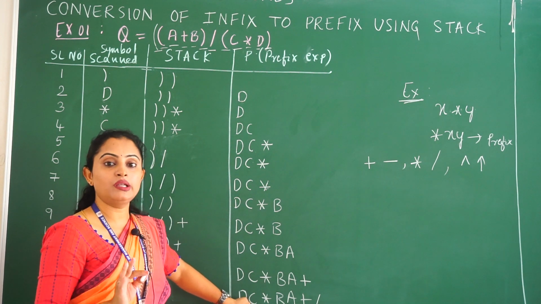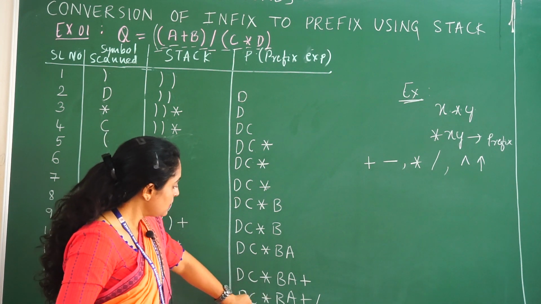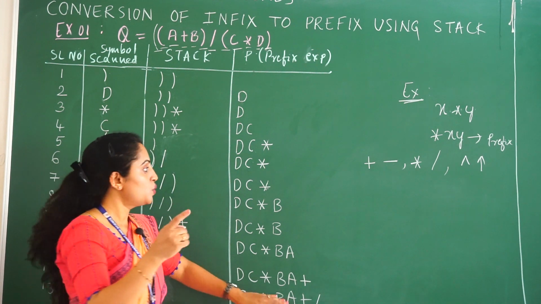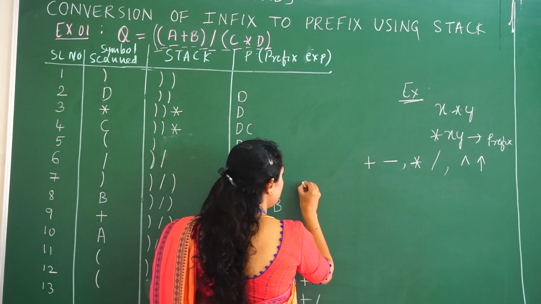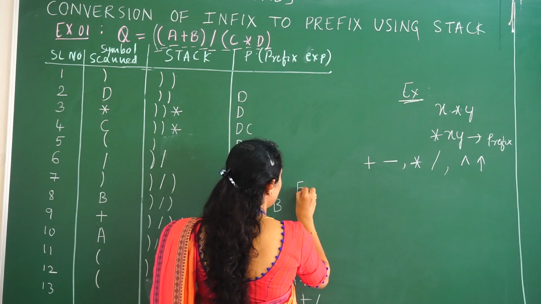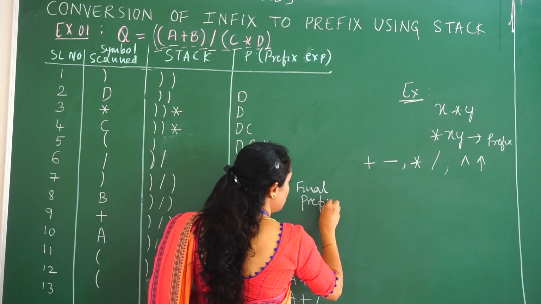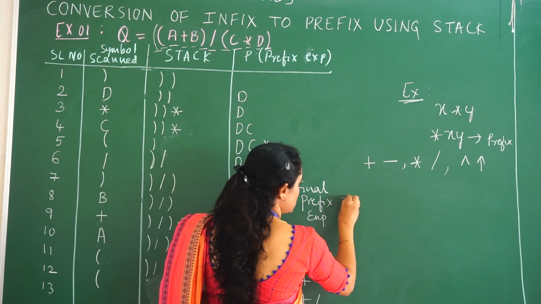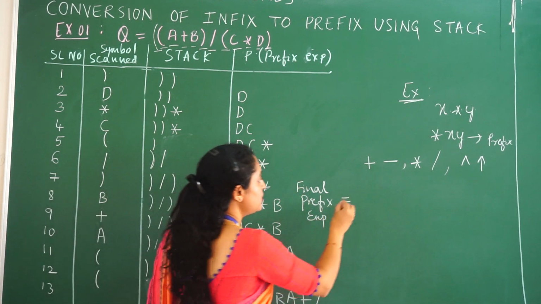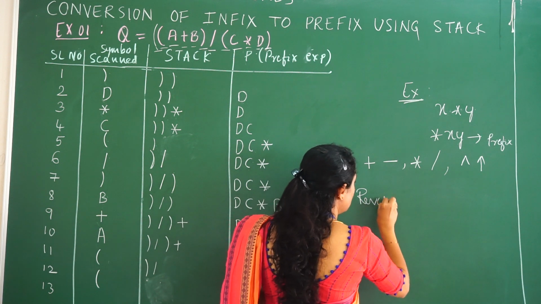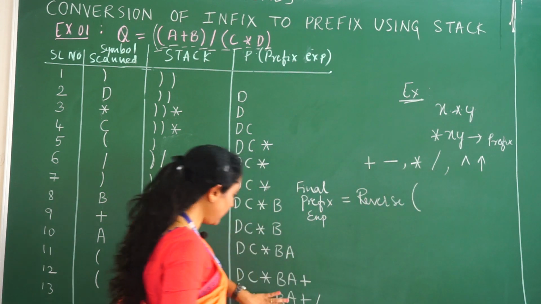The last step is very, very important, guys, you should not forget. When we get this expression, the final prefix expression is equal to the reverse of the obtained expression.